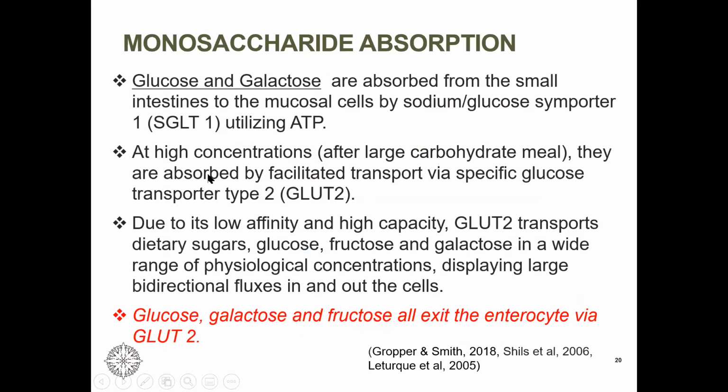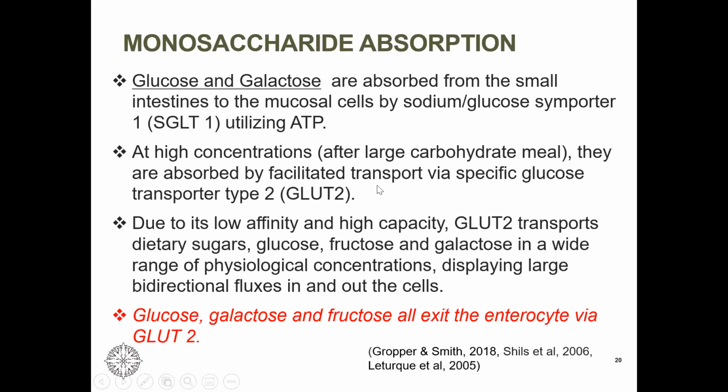At high concentration, that means if I took, let's say, carrot cake with my coffee in the morning, then all this sugar will be transported by GLUT2. So the body can shift.